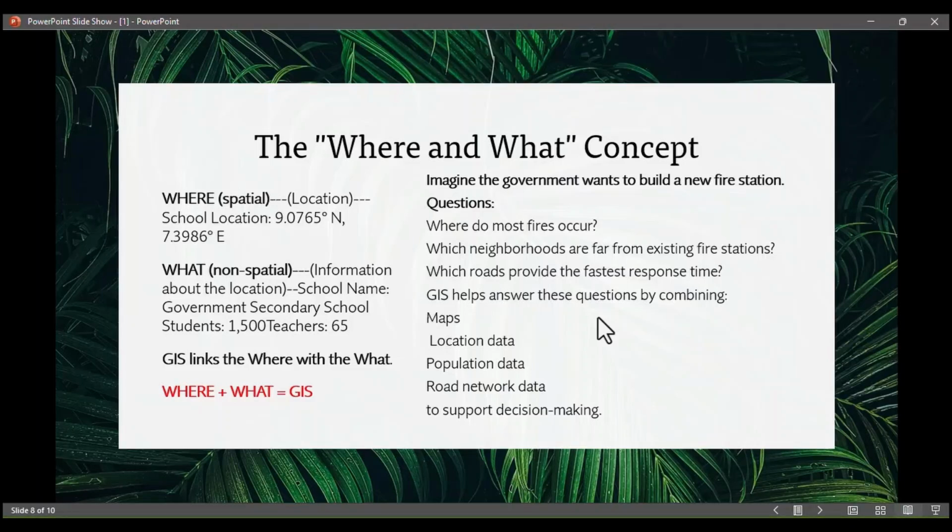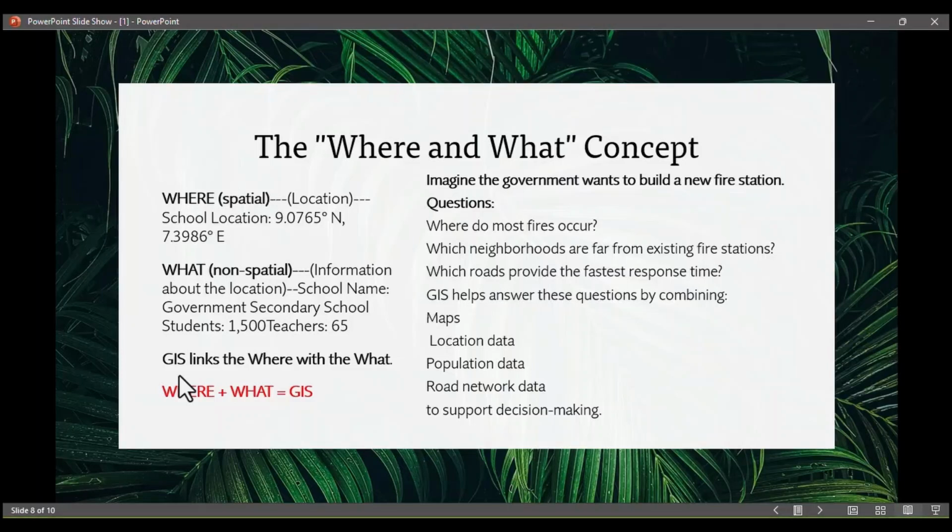How many students are there? How many teachers are in the school? So that is where the information about the location comes in. So the GIS links where with what. So I have this illustration here: where plus what equals GIS.